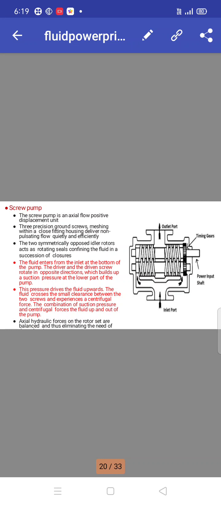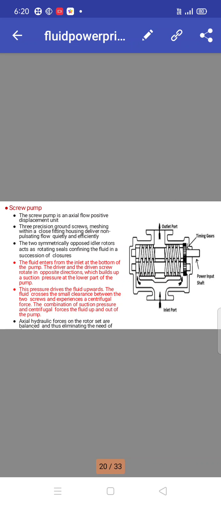Screw pump. The screw pump is an axial flow positive displacement unit. Three precision ground screws meshing within a close fitting housing deliver non-pulsating flow quietly and efficiently. The two symmetrically opposed idler rotors act as rotating seals, confining the fluid in a succession of closures. The fluid enters from the inlet at the bottom of the pump.